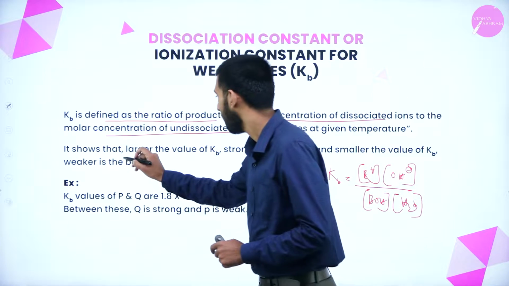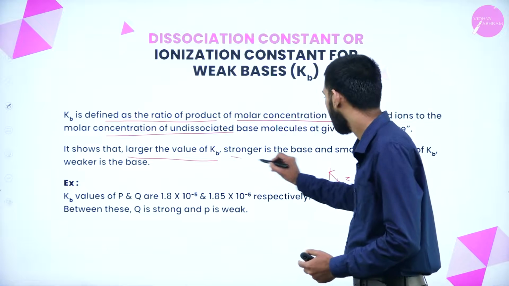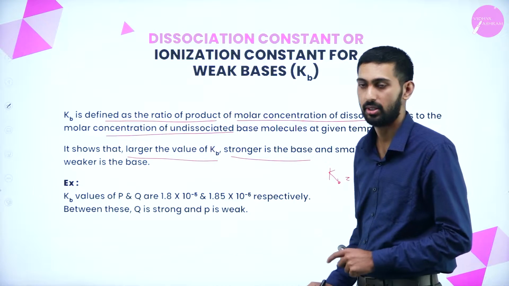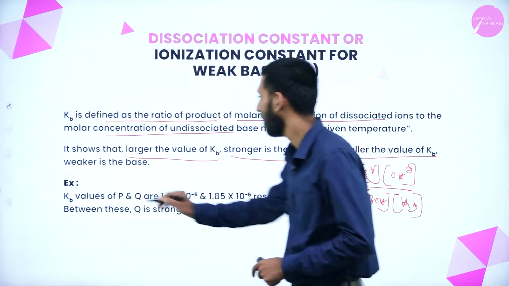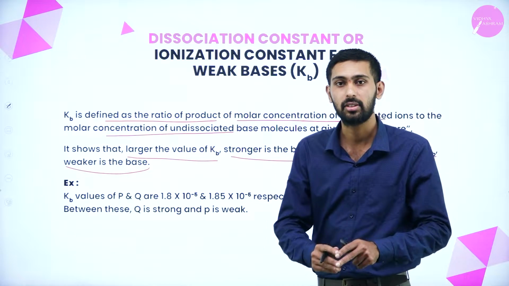It shows that the larger the Kb value, the stronger the base. Smaller the value of Kb, weaker the base.